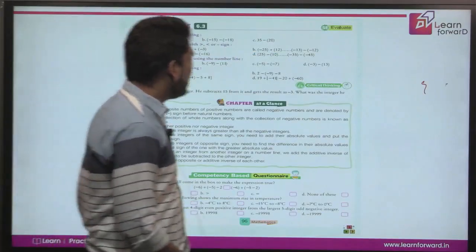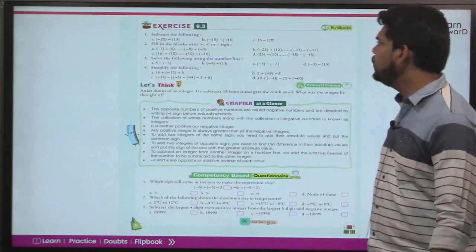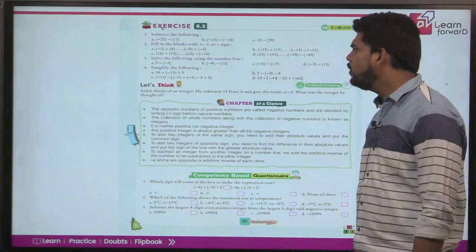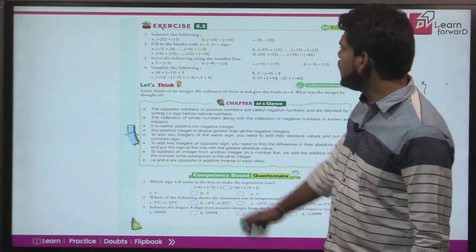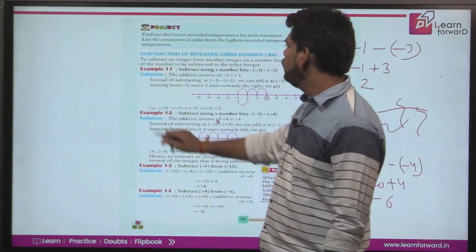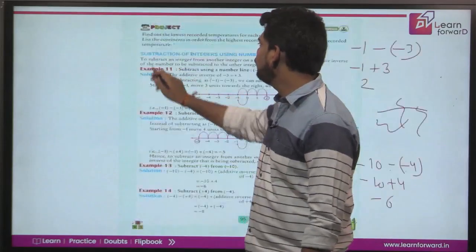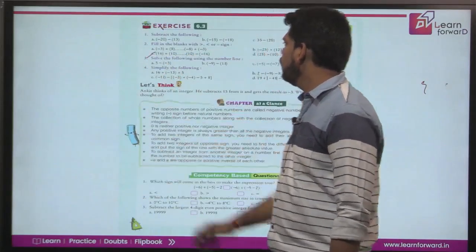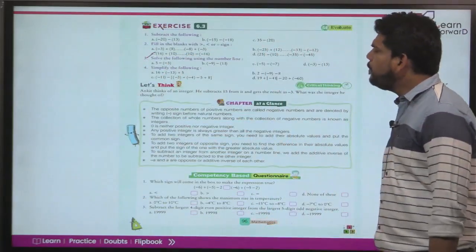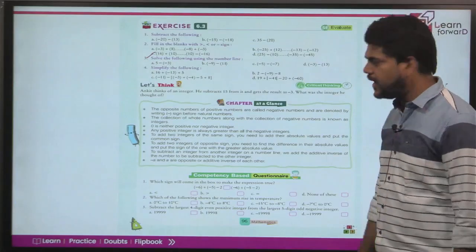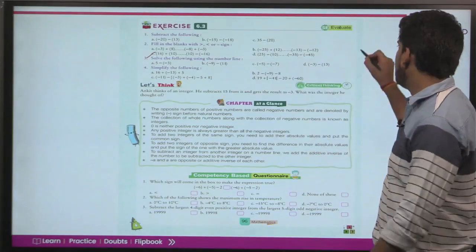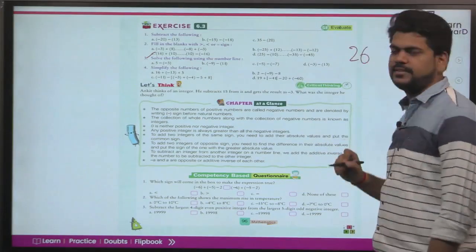You can subtract these numbers from the exercise as well using number line or not. Let us do one example, question 2, C part over here. Fill in the blanks by putting greater, smaller or equal to sign. 16 plus 10, answer is 26.